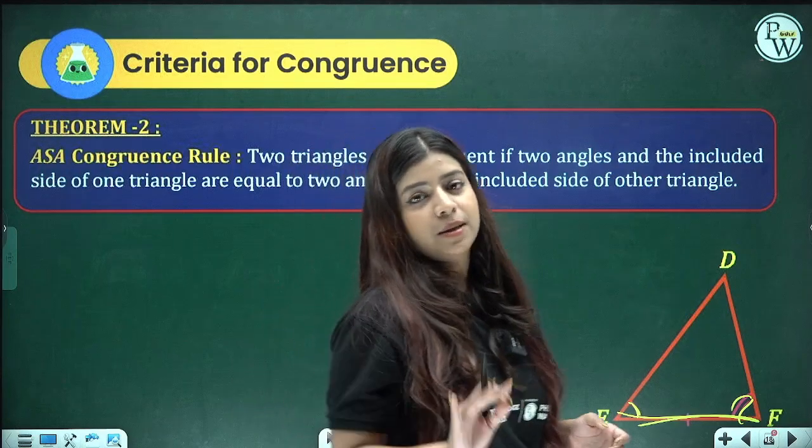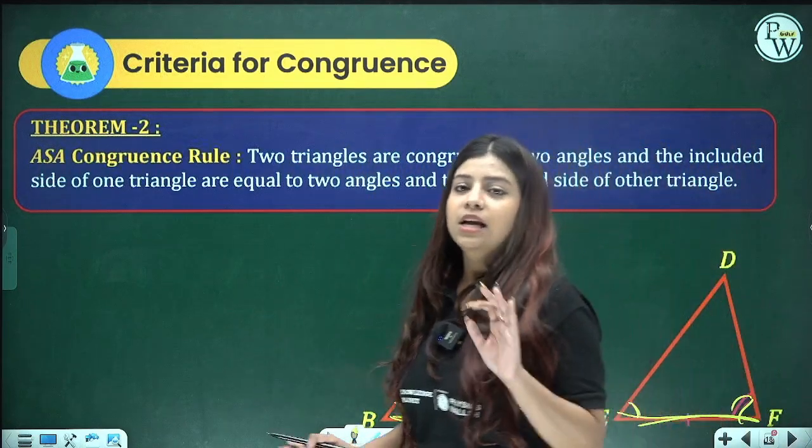These two triangles will be simply congruent to each other. So this is the thing that we have.